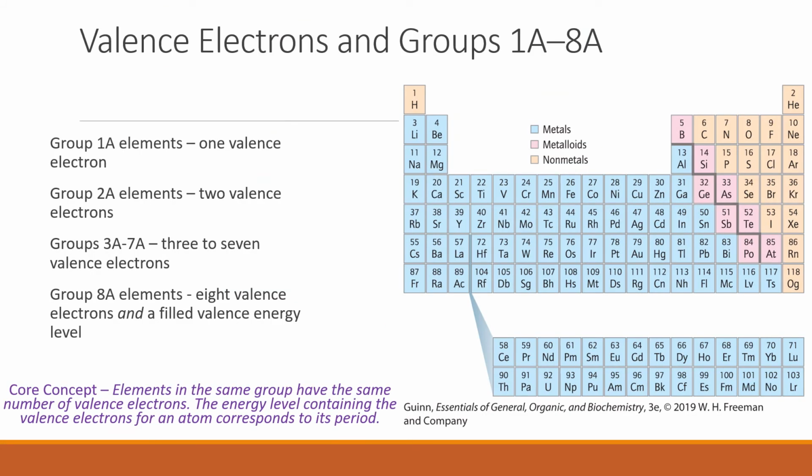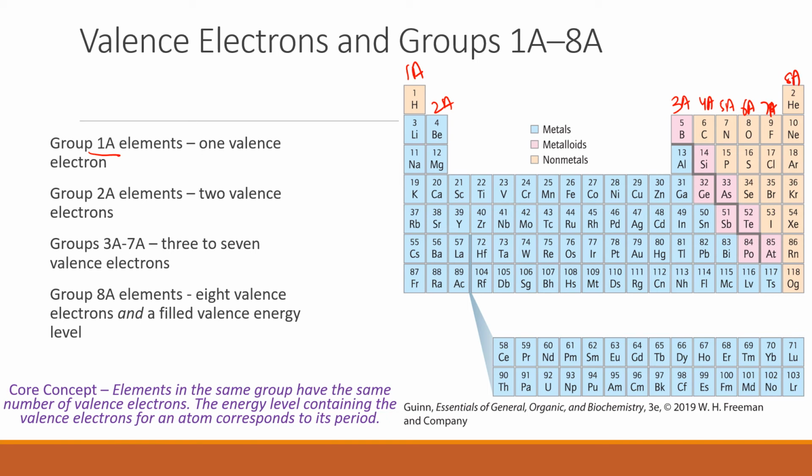Let's review one more time about valence electrons. Valence electrons are those electrons which are present in the highest energy shell of an atom, and it is easy to figure out how many valence electrons any particular element has. All we need to know is the group number. So for example, this is 1A, this group is 2A, and similarly 3A, 4A, 5A, 6A, 7A, and 8A.